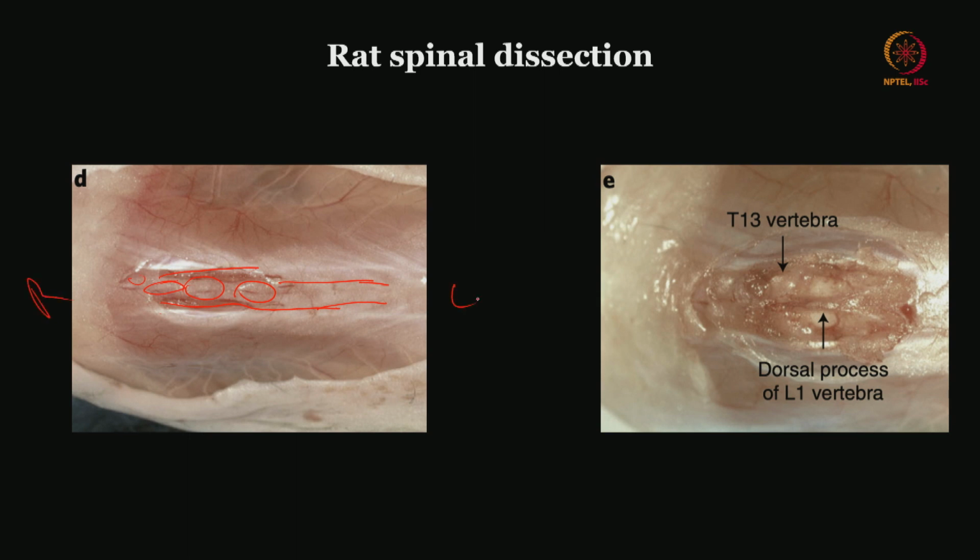So, the spinous process comes into view, and then if you dissect it a little further, the technique is that you need to stick to the bone in order to prevent injury to the spinal cord, which will be partly exposed in between bones. For example, if this is bone and this is another bone, you will see the spinal cord somewhere there.